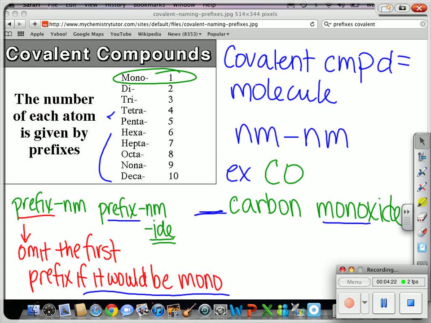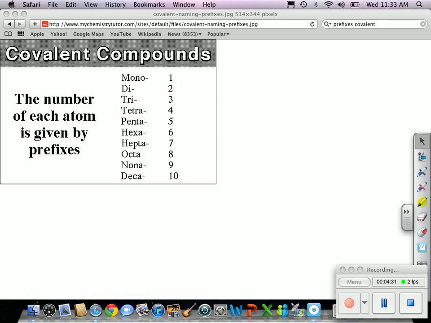Let's now talk about how you go from name to chemical formula. Okay, this is actually probably the easiest thing you'll do in this unit.